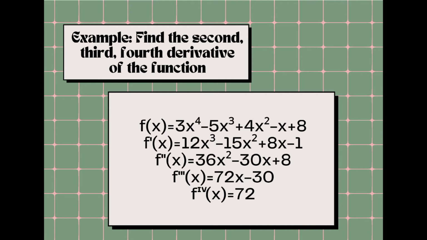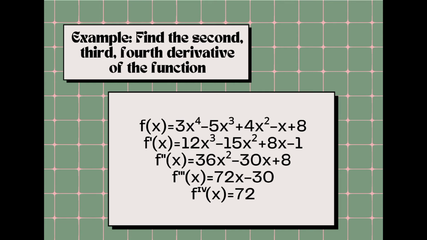To get the first derivative, you multiply the exponents by the coefficients: 3 times 4 for x to the fourth, 5 times 3 for x cubed, 4 times 2 for x squared, then x becomes 1, and you do not put down the 8. So the first derivative is 12x cubed minus 15x squared plus 8x minus 1.